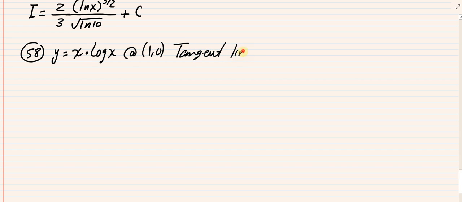Tangent line. Okay, now remember, to find the equation of a tangent line, whatever the graph at that point looks like, there you go, this is what we want. We know that this is going to be y prime, which is slope, right? That's the slope, the slant of the tangent line.